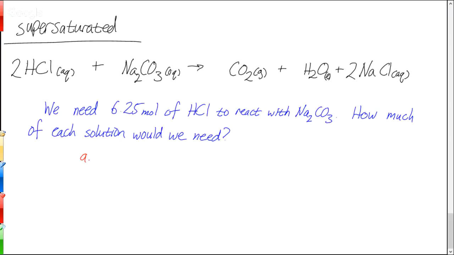Our first solution is a 3 molar solution, and our second one is a 9 molar solution. So 2 different concentrations of hydrochloric acid: a 3 molar solution of hydrochloric acid and a 9 molar solution of hydrochloric acid. We need 6.25 moles. So how do we figure that out?